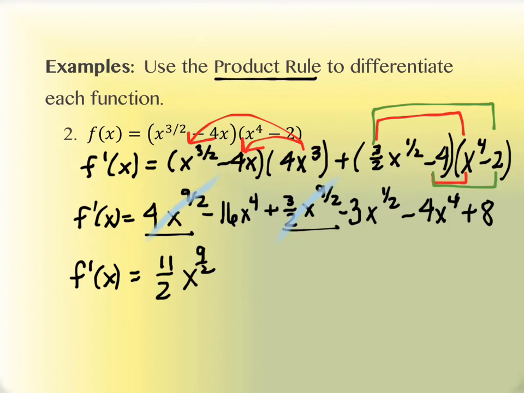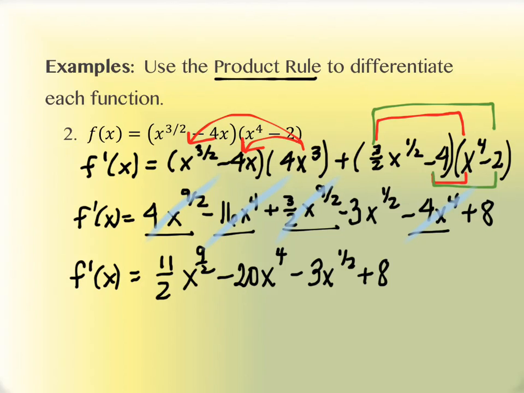The next one is negative 16x to the 4th, and I have another x to the 4th over here. So how many x to the 4th do I have? Negative 20x to the 4th. And we've taken care of those two pieces. And then I have the other pieces that don't combine. So I've got negative 3x to the 1/2 and then plus 8.